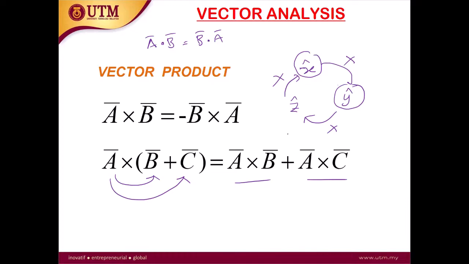The result will be in the Z component if you follow this sequence. But if we follow the other sequence, the result will be negative. So it depends on what kind of vectors you deal with.